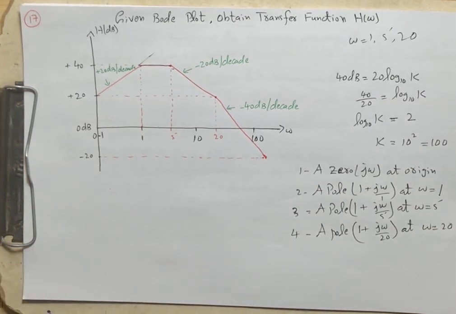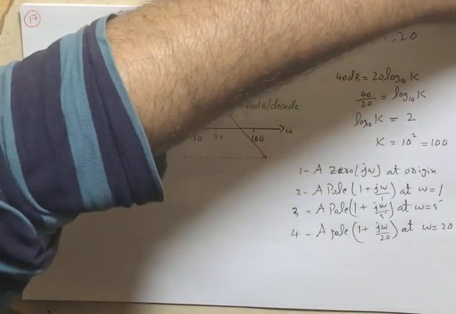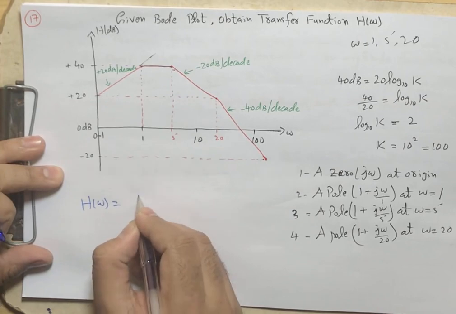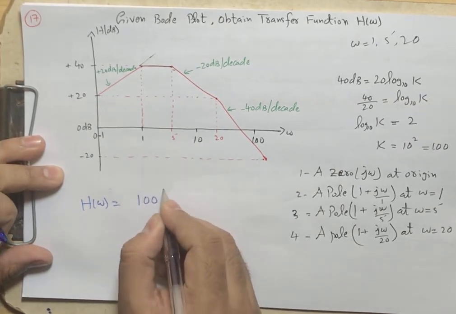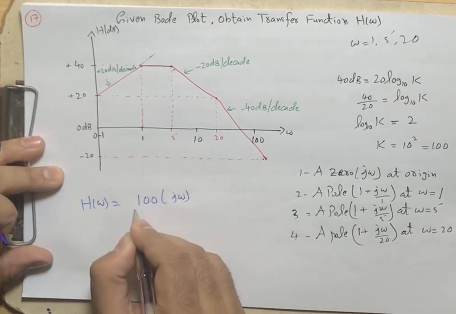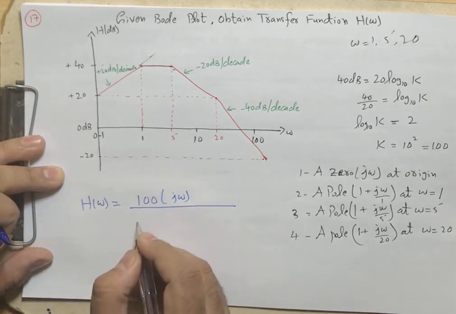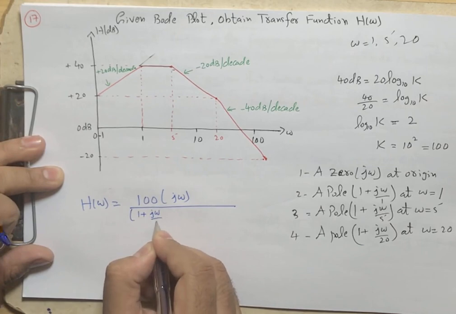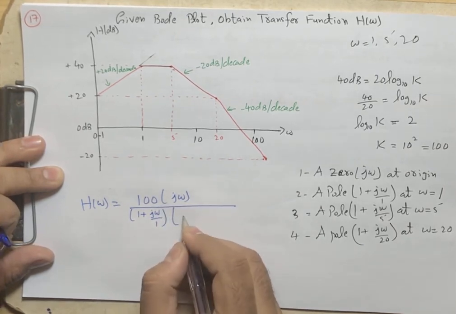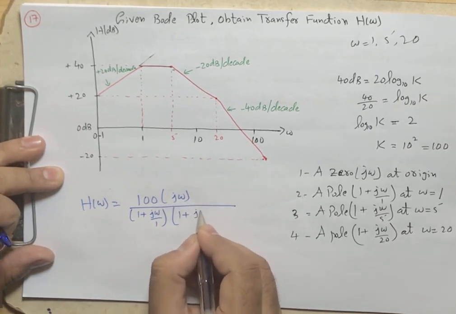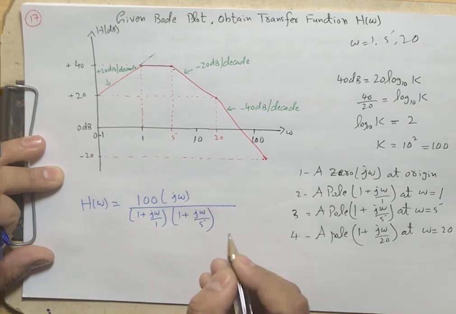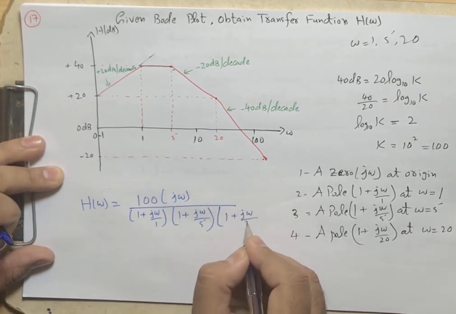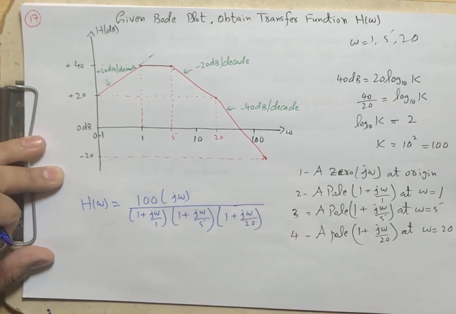After seeing all these things, I can say that my H of omega will have a constant value 100 into j omega. I have a zero at origin, then I have a 1 plus j omega over 1, a pole at omega is equal to 1, 1 plus j omega over 5, a pole at omega is equal to 5, and a pole at omega is equal to 20.